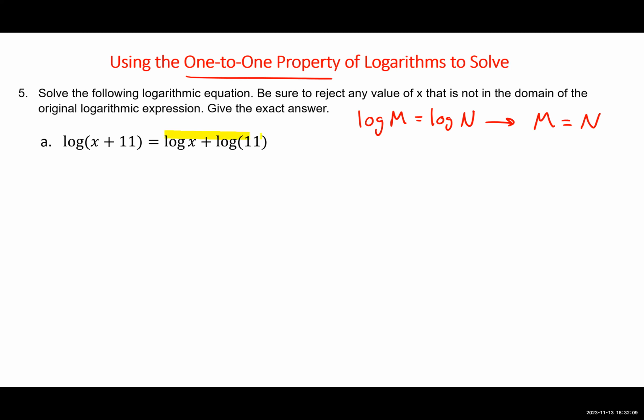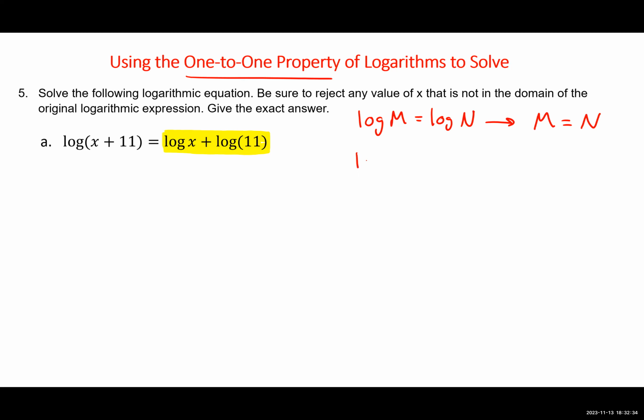So we could look at the right-hand side and we can combine those, right? We could condense those 2 logarithms. It's important that you either have these rules memorized or you have them written down next to you when you're trying to solve these equations.